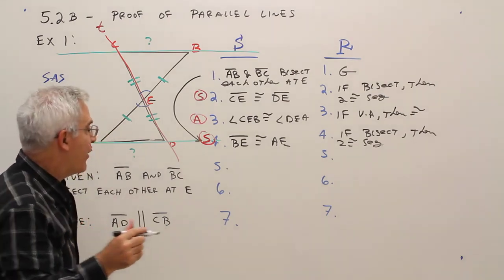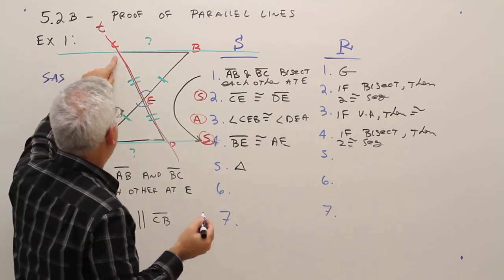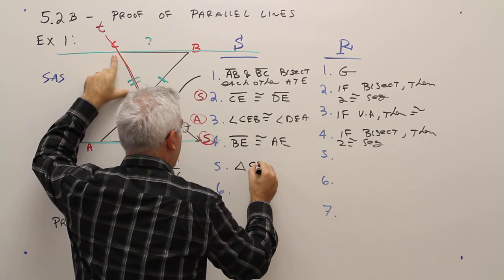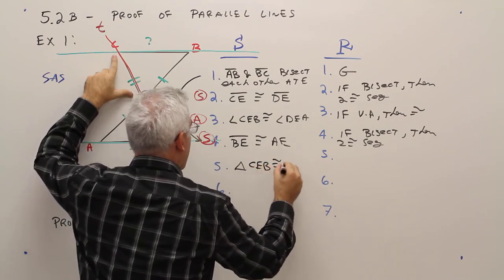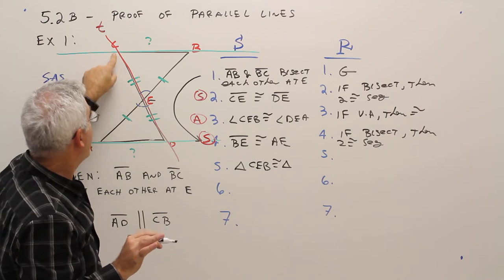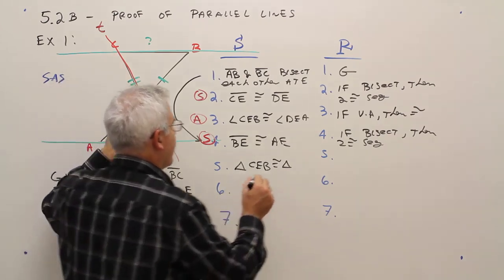Then I can get the triangles. Triangle, whatever I'll call it, CEB. Now once I call a triangle CEB, I gotta be careful with my ordering. So C was over there, that's when it corresponds to DEA.